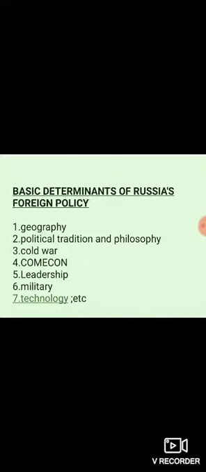Leadership of stalwart leaders like Joseph Stalin, V.I. Lenin, and Nikita Khrushchev had a strong impact on the foreign policy of Russia. Militarily, Russia was a capable and strong country, and technologically, it had acquired the atom bomb, nuclear power, and space technologies. These are all the determinants of Russia's foreign policy.